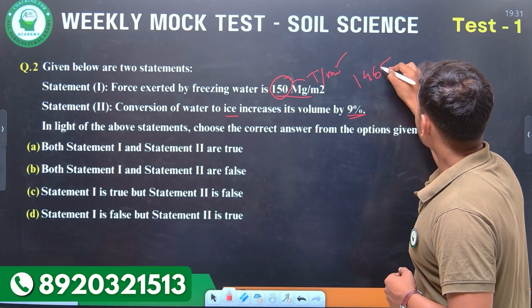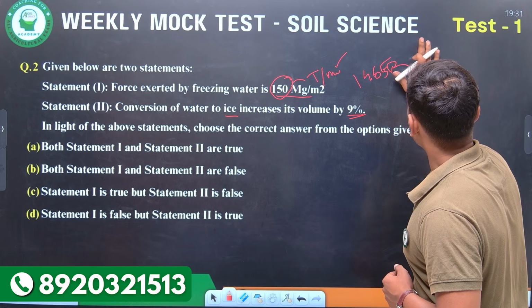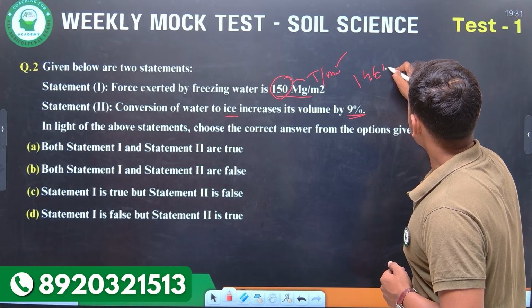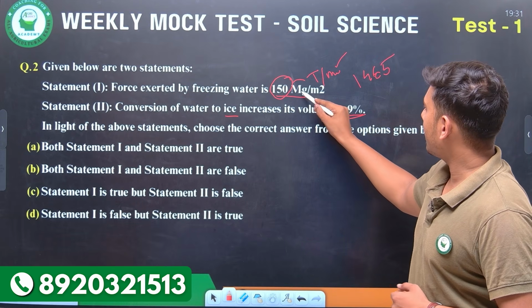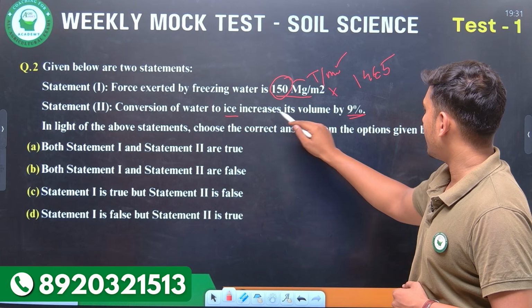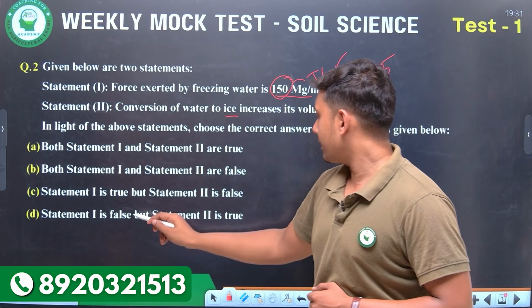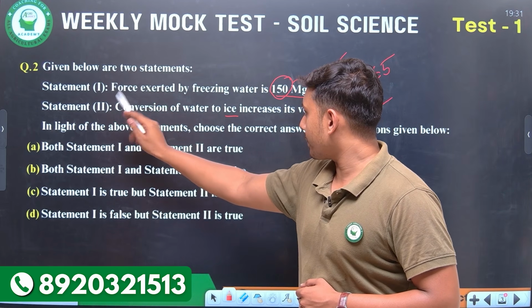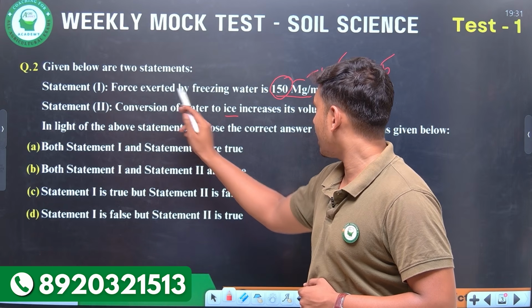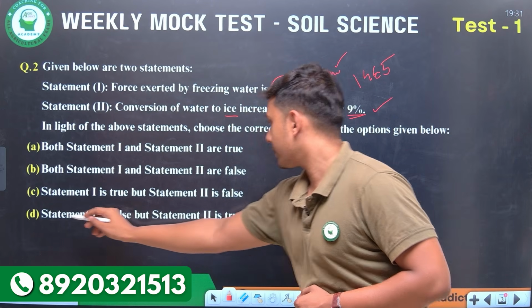This is 1465 in the megagram unit, so statement 1 will be cancelled out. The conversion of water to ice increasing the volume by 9% is okay. So statement 1 is incorrect and statement 2 is correct. This is the answer.